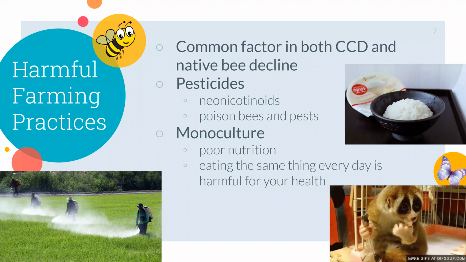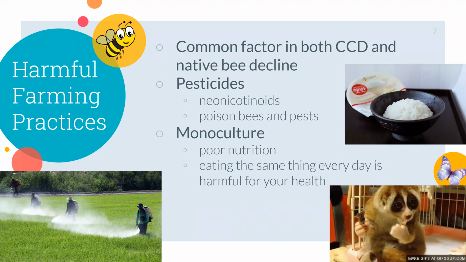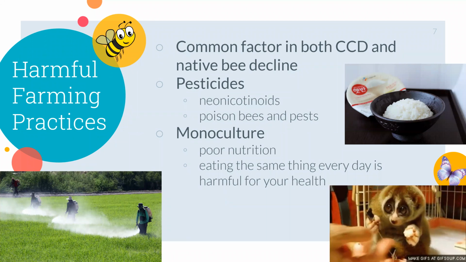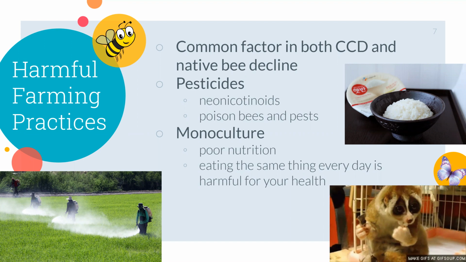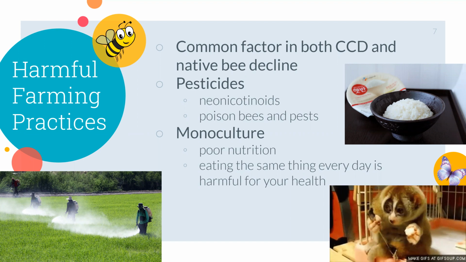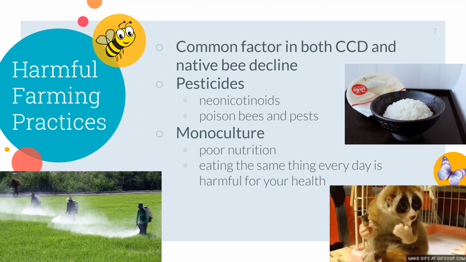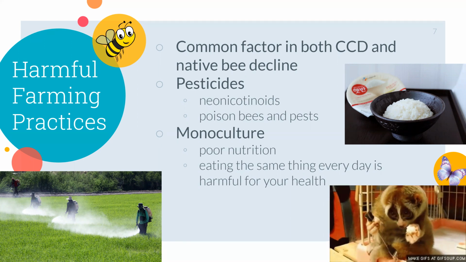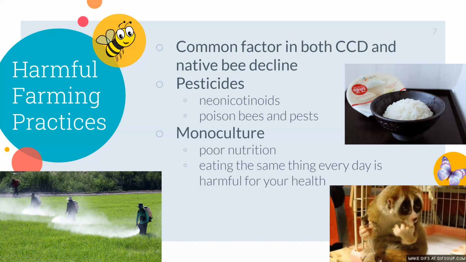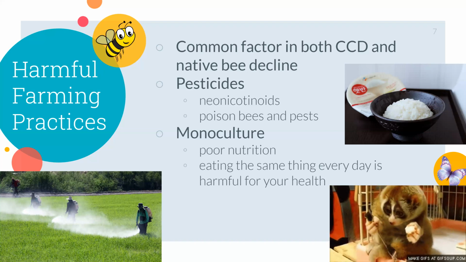And monoculture, which we touched upon right before this slide, is basically what the name implies. As you may know, mono means one. So it means growing only one type of crop in a very large area of land. So that means bees who live around monocultural areas are only eating the same thing every day because that's all they can find all around them.